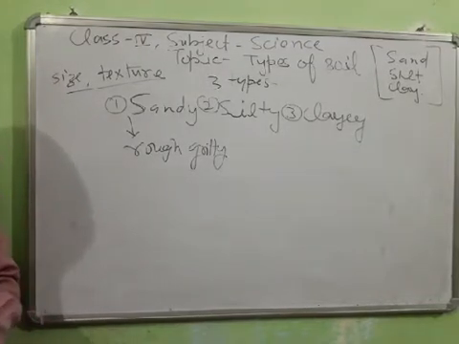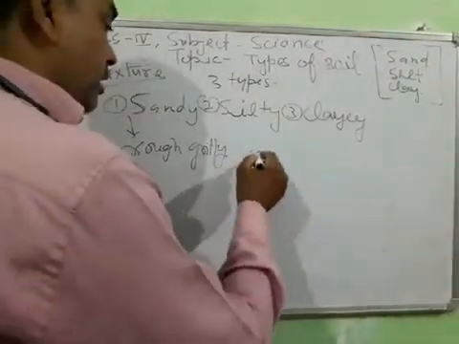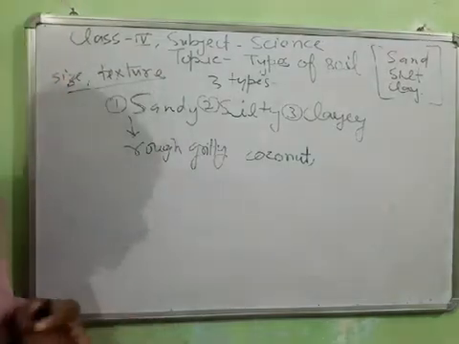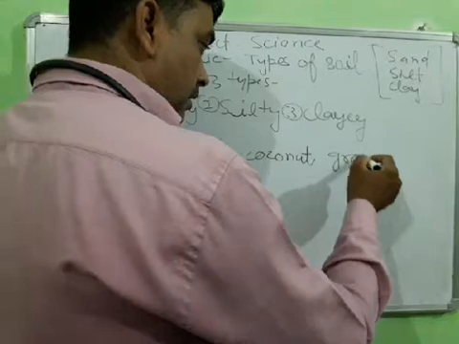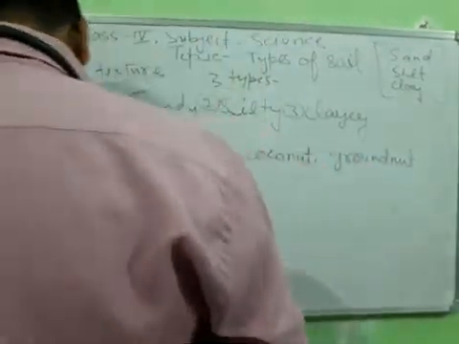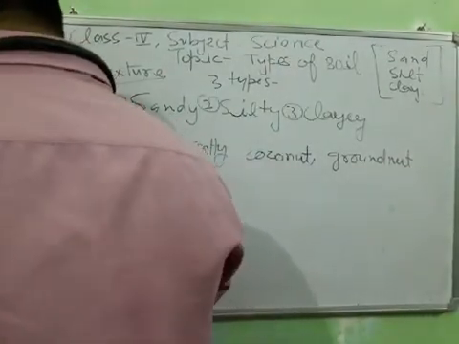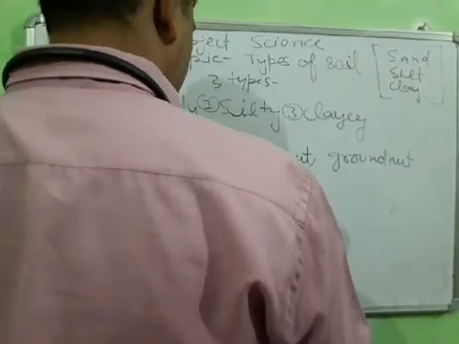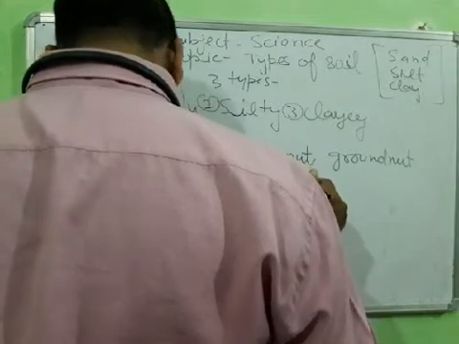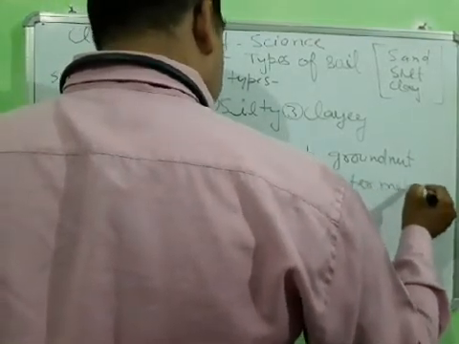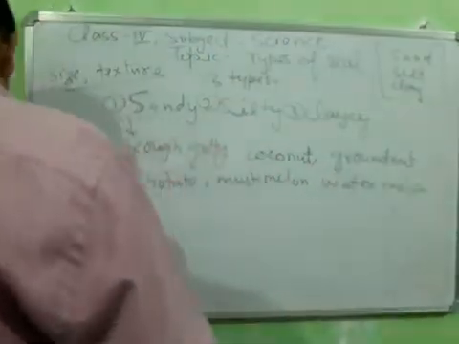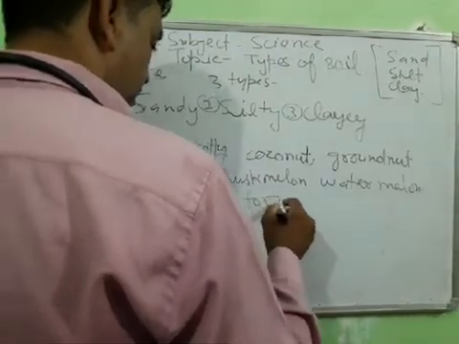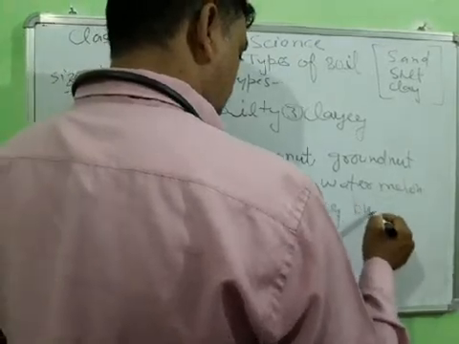This sandy soil is very useful for growing coconut and groundnut. Students, it is also useful for growing potato, muskmelon and watermelon, and it is also used for making buildings.